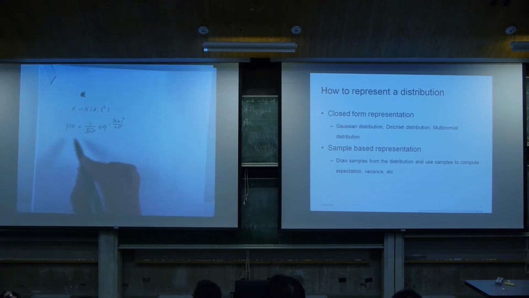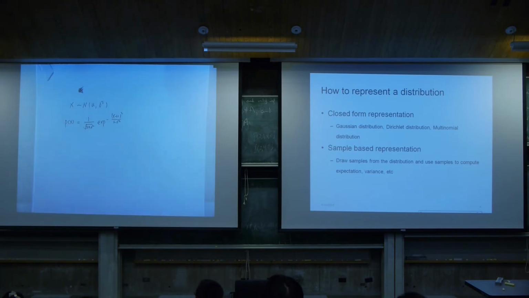This is a function which has a closed form that you can manipulate. Many distributions like Dirichlet, multinomial, Bernoulli, beta, and gamma can all be written out with a closed form formula.